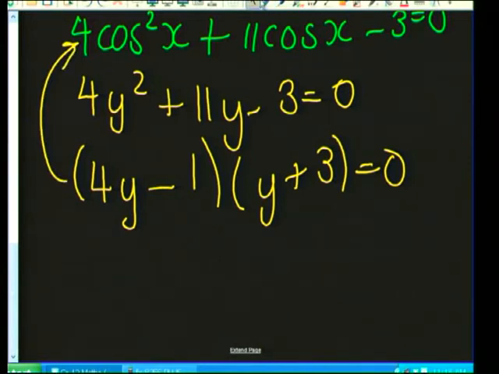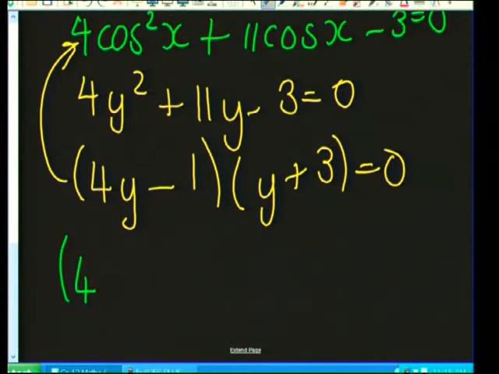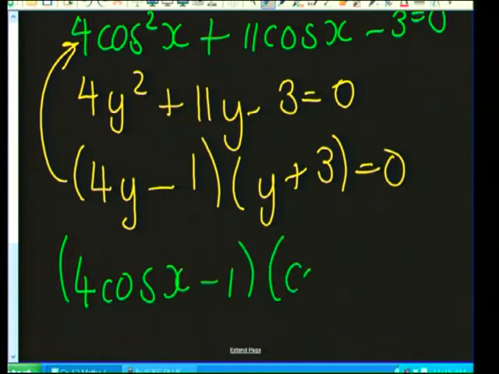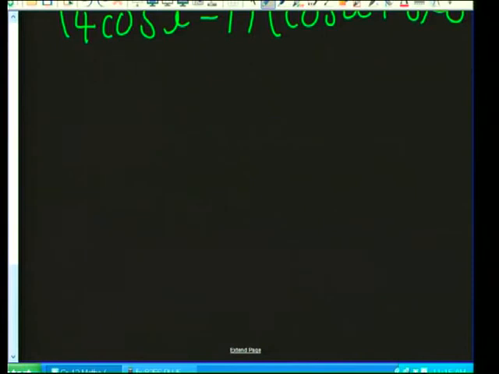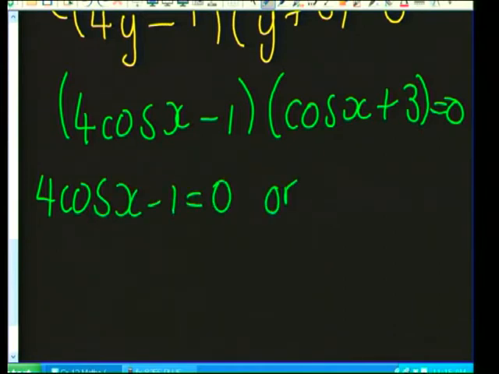So let's go back to green so you know what we're doing. Back into there it would be 4, remember our y represents our cos, cos x minus 1, and then cos x plus 3 equal to 0. Now, like a normal equation, we make each bracket equal to 0. So that's 4 cos x minus 1 equal to 0, or cos x plus 3 equal to 0.